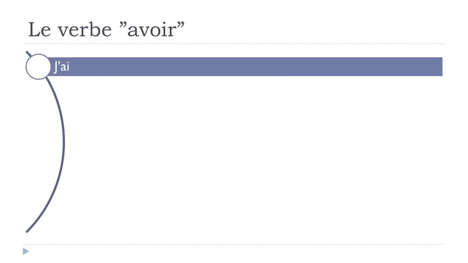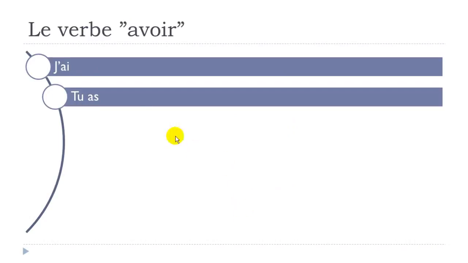Second one, tu as. As usual in French, final s is not pronounced. Tu as. First one, j'ai, tu as.